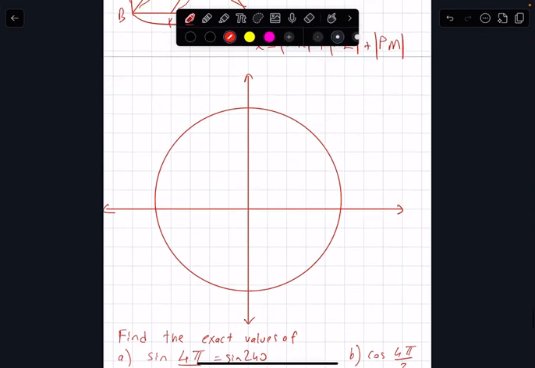Let's draw it. 240 is going to be like here. So this is 270, right? 240 here, 30 degrees less. I told you this was 1, right? It's asking the length of this one.